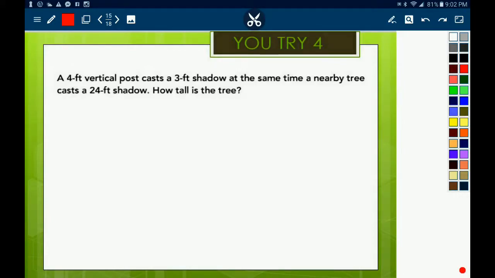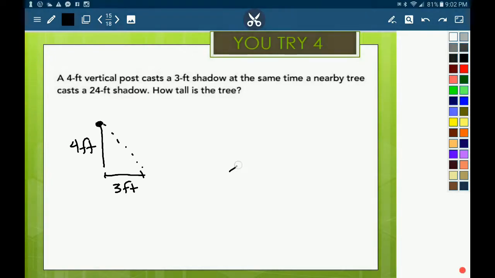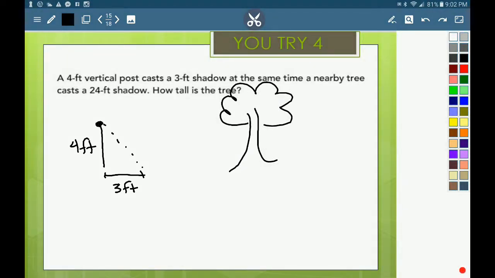What always helps me on these problems is actually drawing out a diagram. So we have a post that is 4 feet, and it's casting a shadow that is 3 feet. And then a nearby tree, a tree that's casting a shadow.